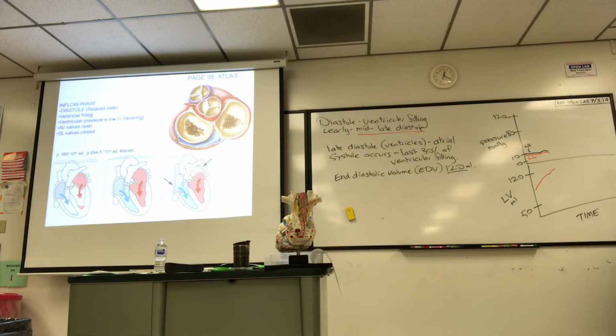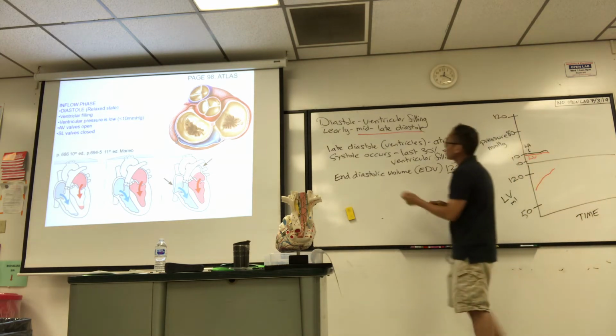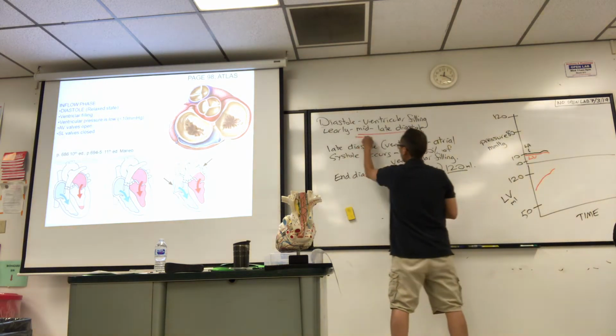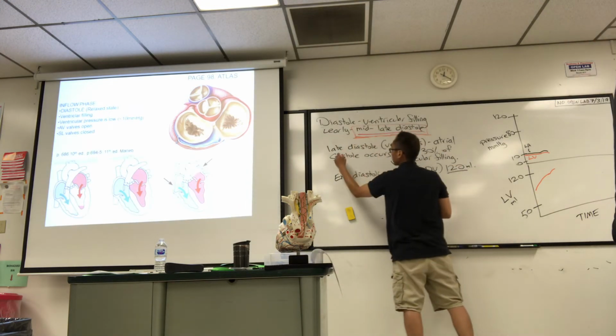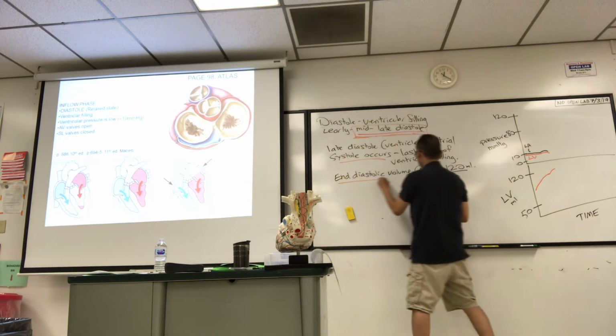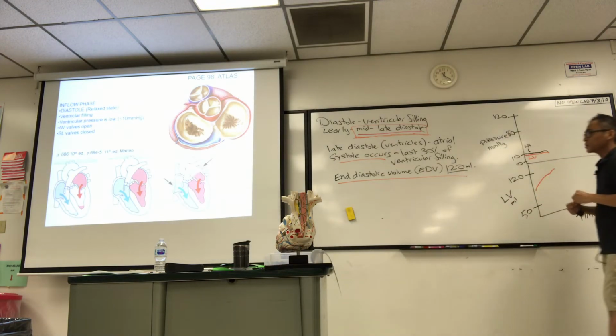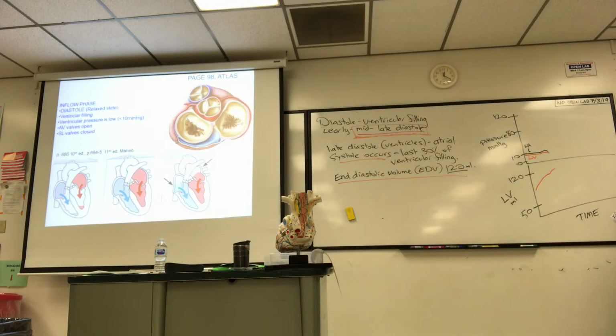But we haven't pumped yet. We're just at the end of diastole. We haven't started systole yet. Okay, anyways, I kind of color-coded it. I used orange here. It's all orange.